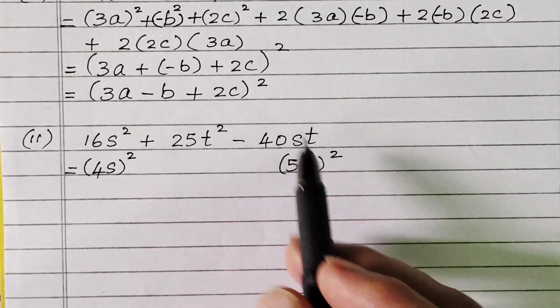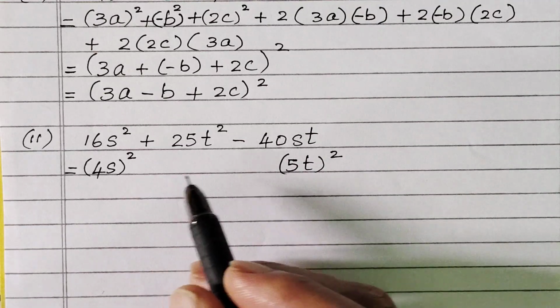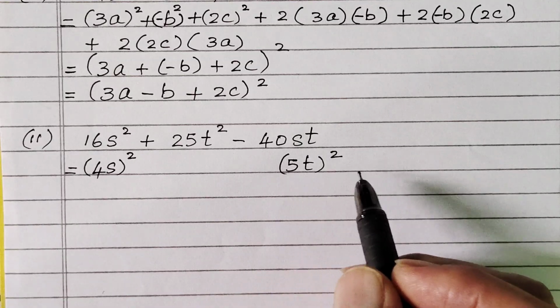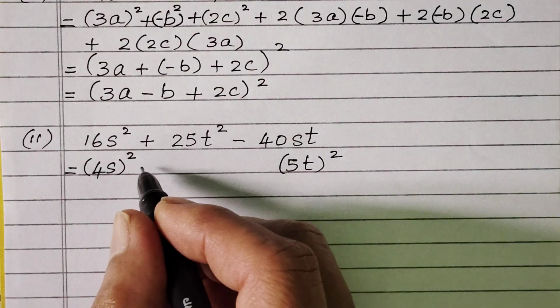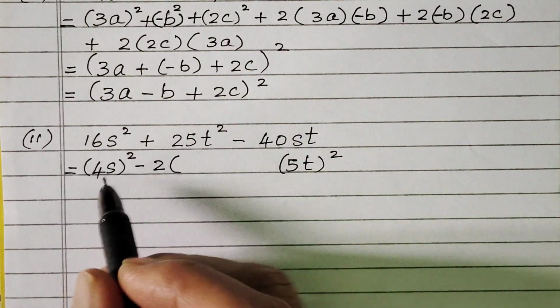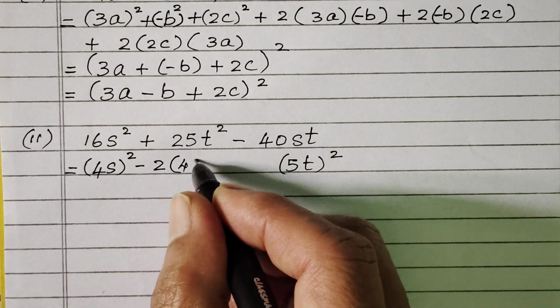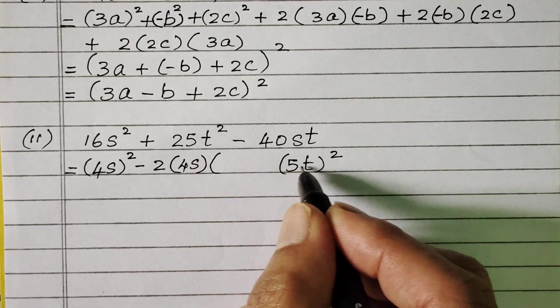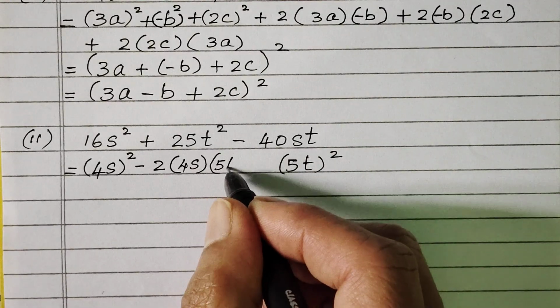So here we are going to use a minus b whole square equals a square minus 2ab plus b square. So minus 2 into a, what is a? A is 4s, into b. What is b? B is 5t.